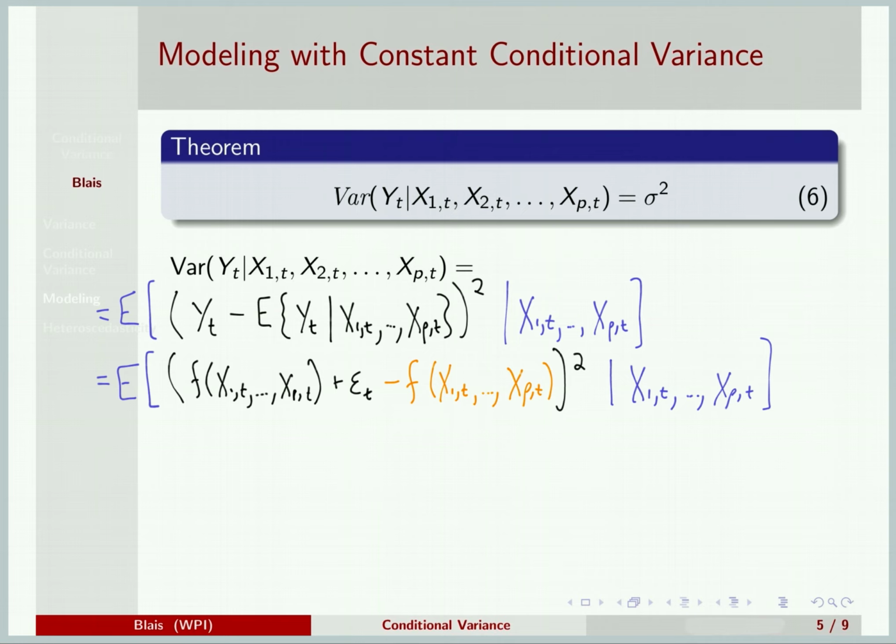We now notice that these f's cancel. What remains will be the conditional expectation, given x1t up to xpt, of all that remains in the integrand here, which is epsilon t.